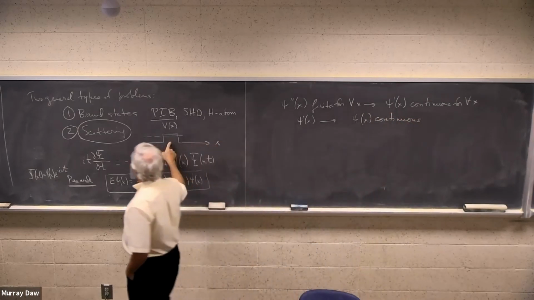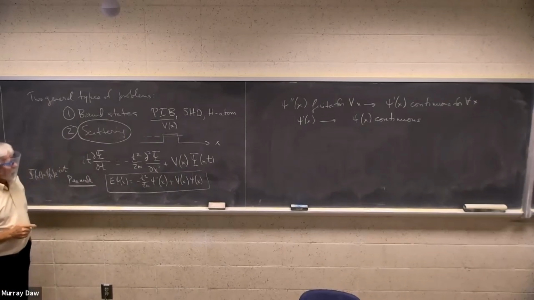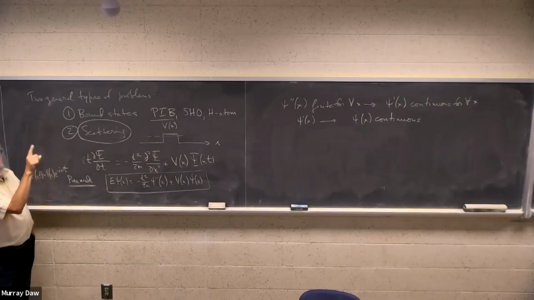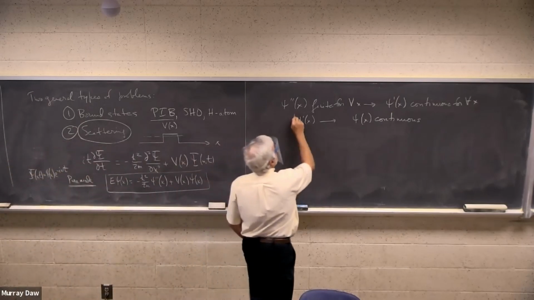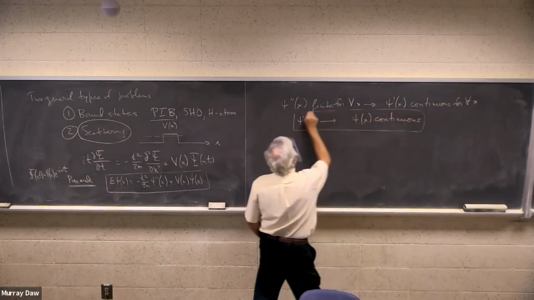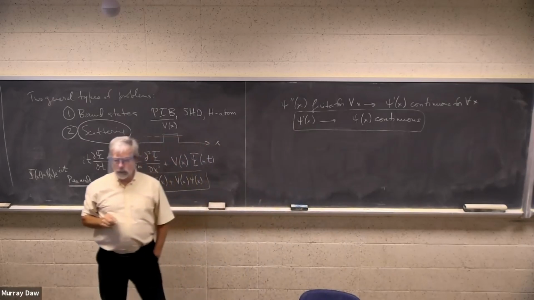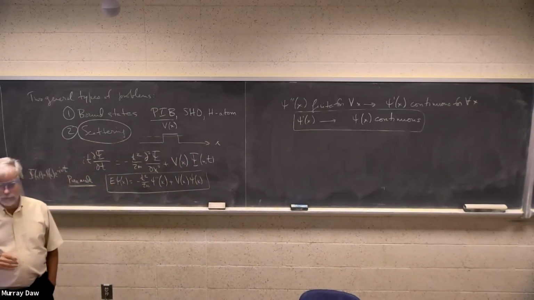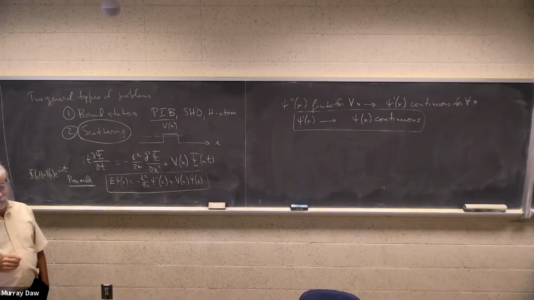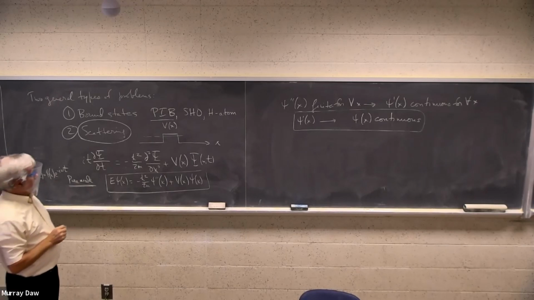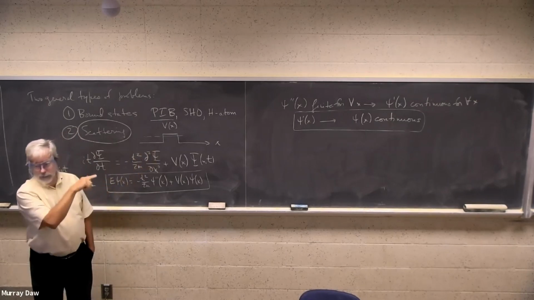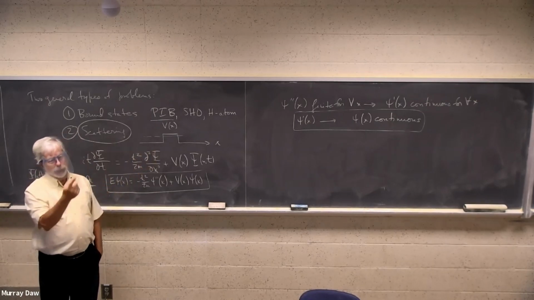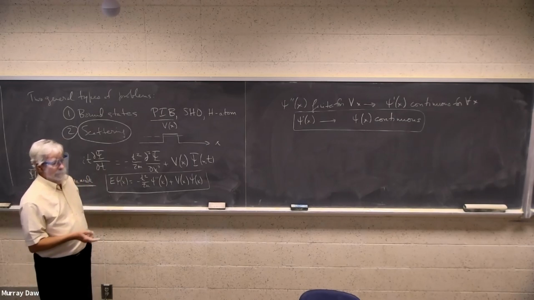So when we have a barrier problem like this, as long as the potential is finite, then both the wave function and the first derivative are continuous, and this will help us to construct the solution. You see why? Because if psi of x is discontinuous, psi prime would be infinite, and psi double prime would also not be defined.